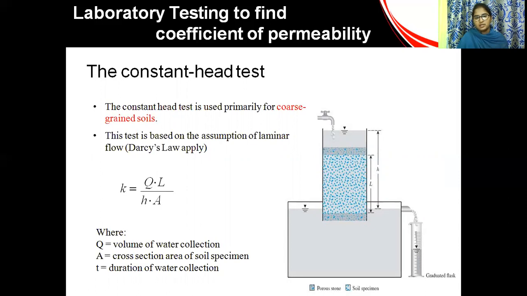Q is the volume of collected water, A is the cross sectional area of the soil sample, t is the time required for the collection of water, and L is the length of the specimen. This is the constant head tank.